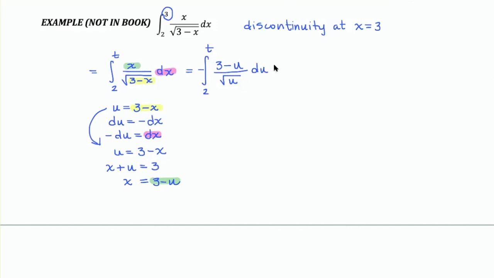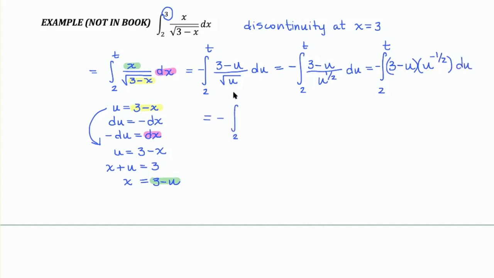And now I'm going to need to rewrite that square root as a power. And because it's sitting in the denominator, I am going to use a negative exponent to bring it up out of the denominator. So I get 3 minus u was my original numerator, then times u to the negative 1/2 power du.